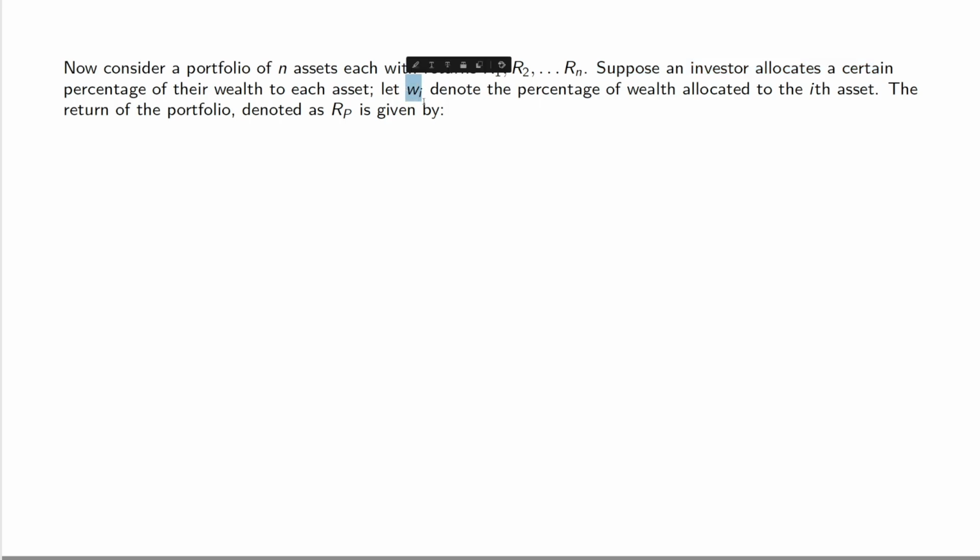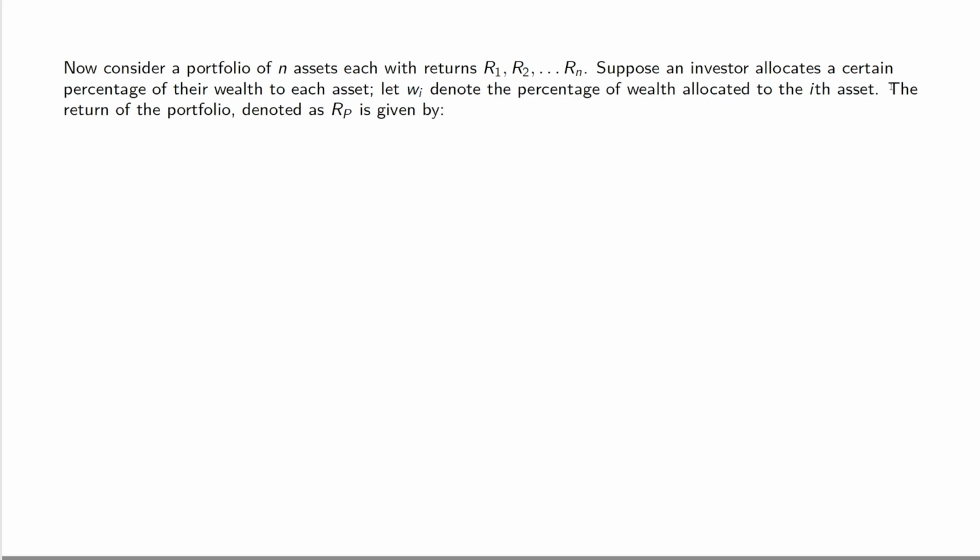So we're going to let W_i denote the percentage of wealth allocated to the ith asset. For example, if we had two stocks, stock 1 and stock 2, we could say 20% will be in stock 1, 80% will be in stock 2. Something like that. That's what our W_i represent.